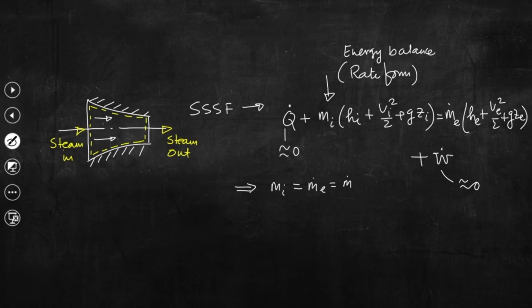Now, we can write from the steady state steady flow, we are assuming that this is exit. So, this is exit and this is inlet.